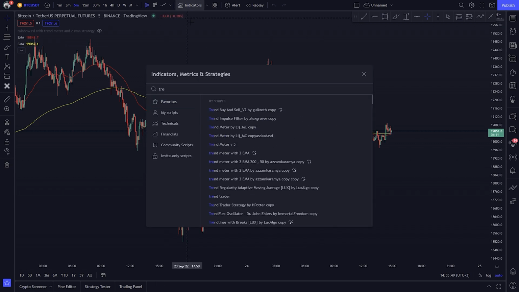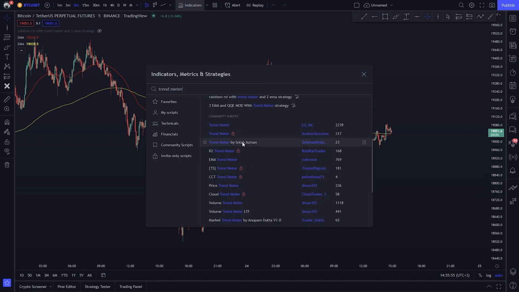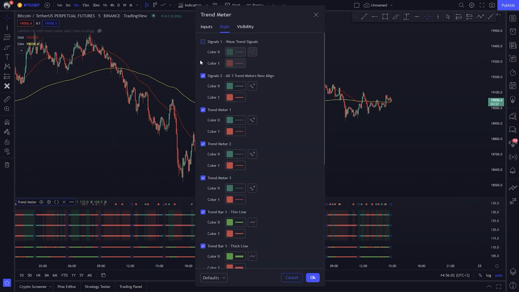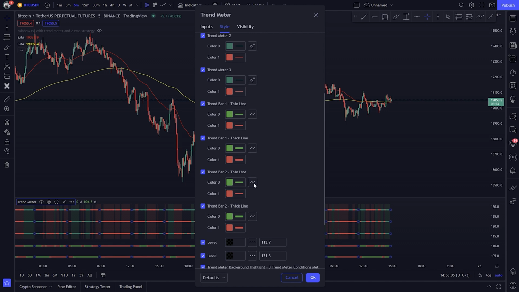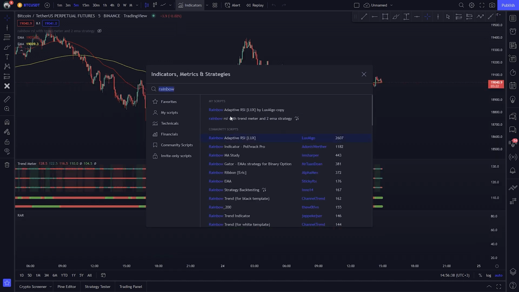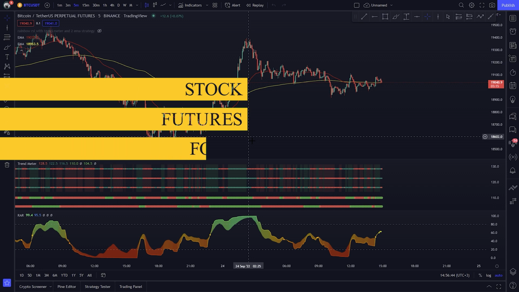Trend Meter. Rainbow Adaptive RSI. This strategy can be used in all types of markets: stocks, futures, forex, and crypto.